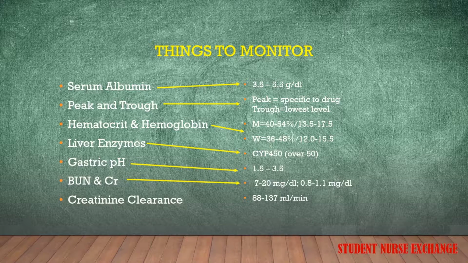And we want it between 88 and 137 on average milliliters per minute is how fast the body is eliminating creatinine. But that's really looking at the glomerular filtration rate in the body. As we get older, it slows down. As we have kidney disease, it slows down. So something that we really want to look at, because you can have increased toxic effects because the medications aren't eliminated.